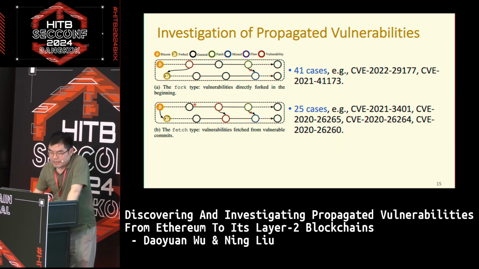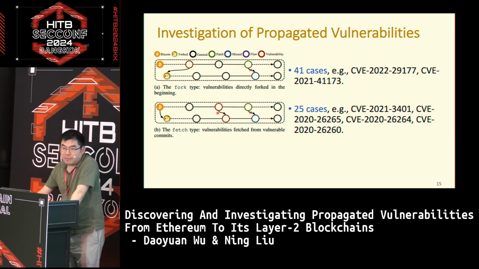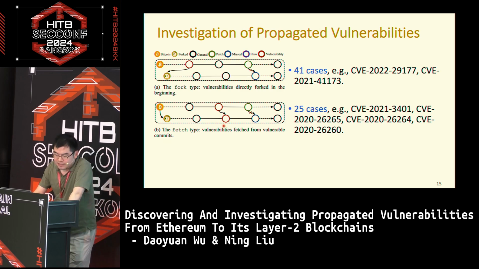Another category is that initially, when this project is being forked, at that time the vulnerability still didn't exist. But later on, when Bitcoin keeps updating its source code, sometimes one commit might be vulnerable. And at this time, Dogecoin also fetches these vulnerable commits because the developers didn't know this commit is vulnerable, because the CVE has not been reported.